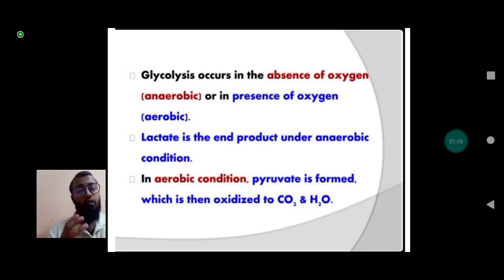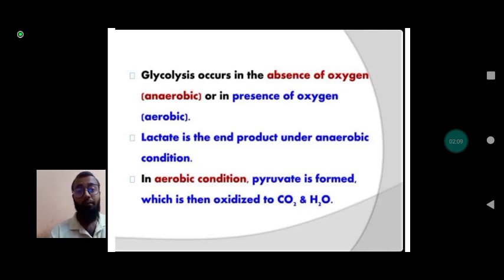Glycolysis occurs in the presence of oxygen and also in the absence of oxygen. So we can see glycolysis in both aerobic and anaerobic conditions. In the presence of oxygen, the end products are CO2 and H2O.